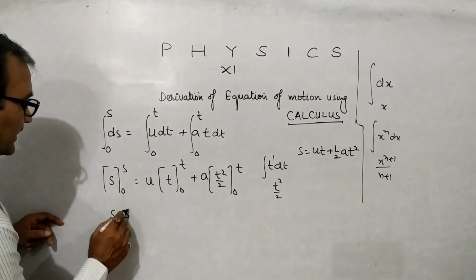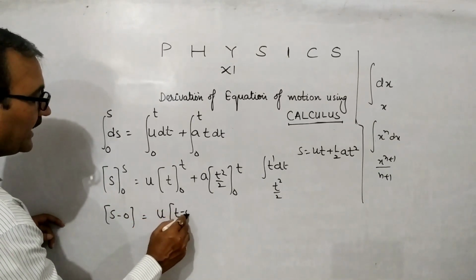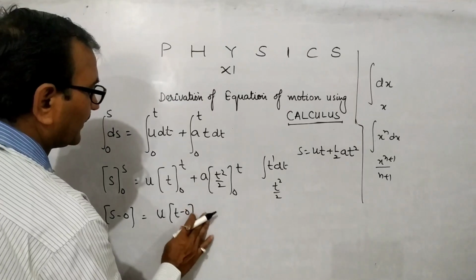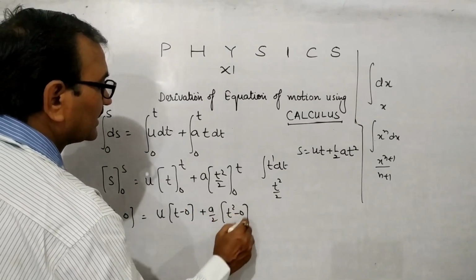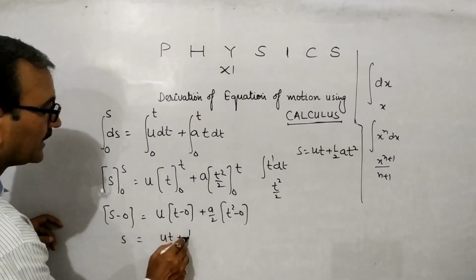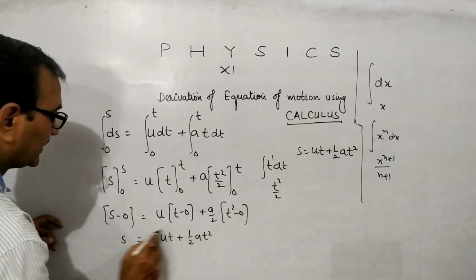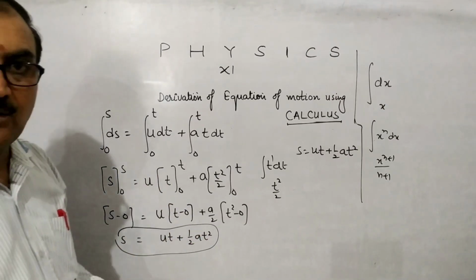Now this is s minus 0, and here u, that is t minus 0, and here plus a by 2 and that is t square minus 0. So ultimately you have s is equal to ut plus half of at square. So this is the second equation of motion.